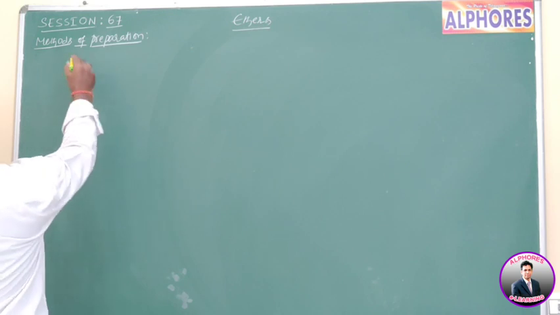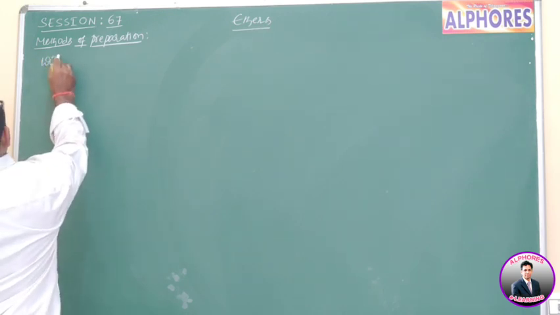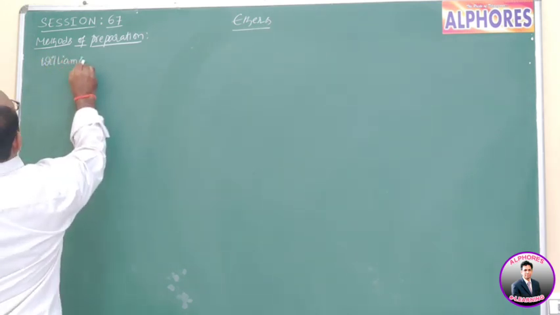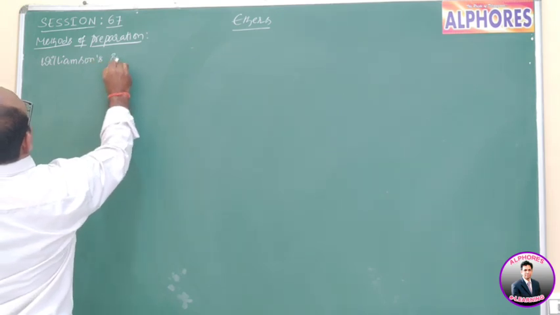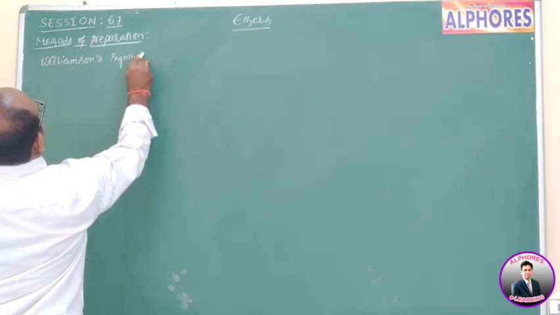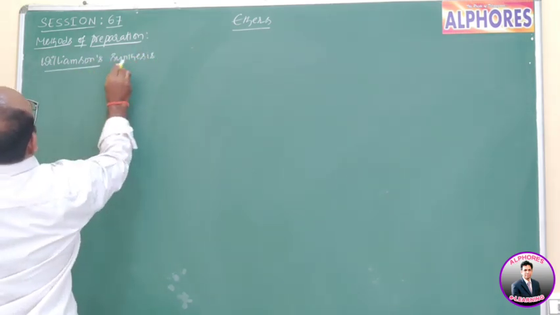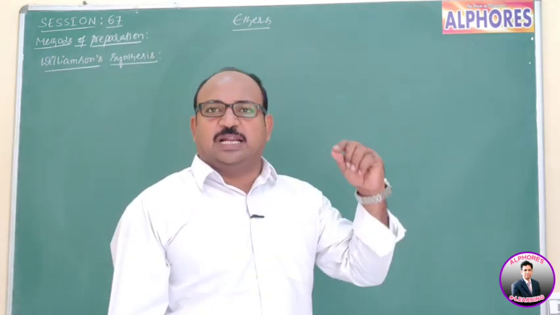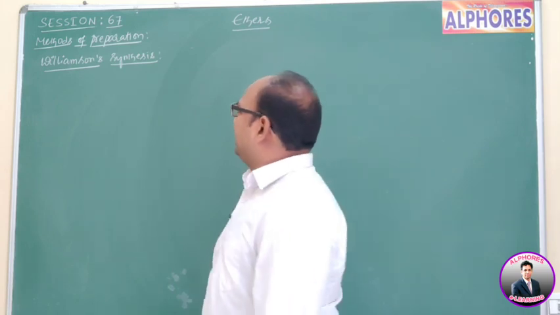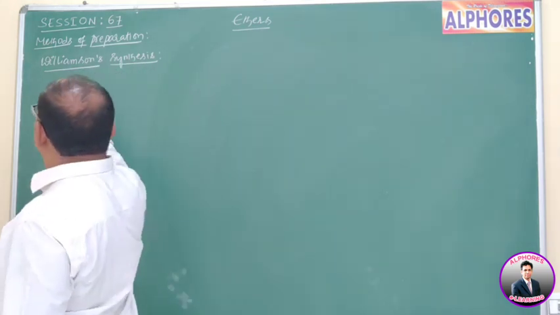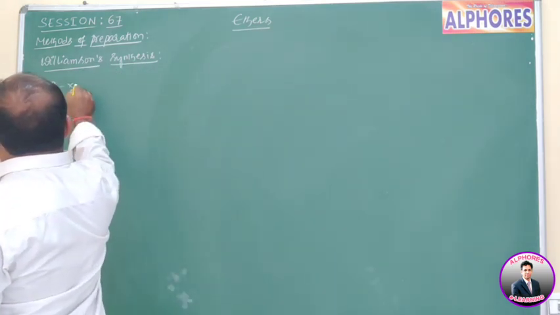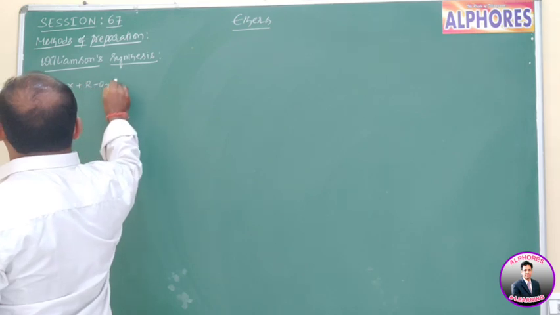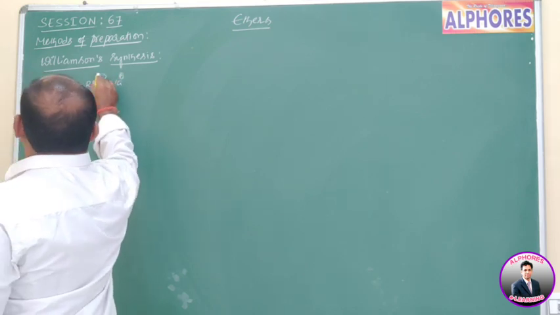So students, another method of preparation of ethers is Williamson synthesis. Williamson synthesis we will learn from first year onwards. The basic theme of Williamson synthesis is alkyl halides upon reaction with sodium alkoxides.